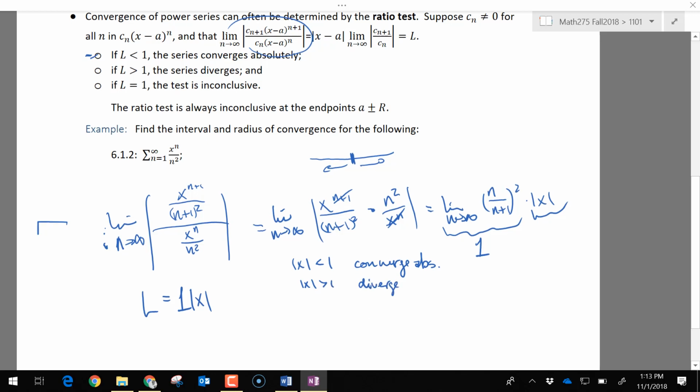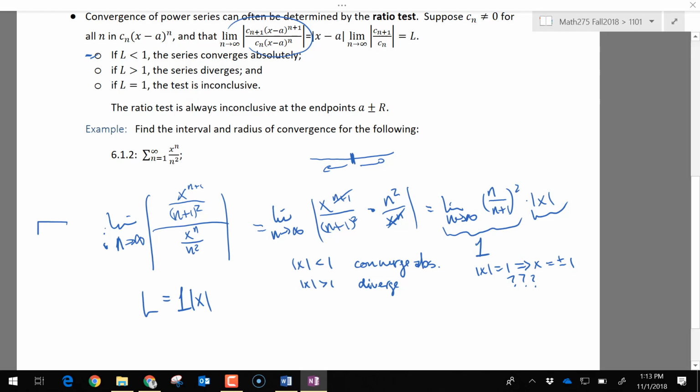And if it's equal to 1, that means if x is equal to plus or minus 1, then we don't know what's happening. So by looking at this, it looks like the radius of convergence is just going to be 1.